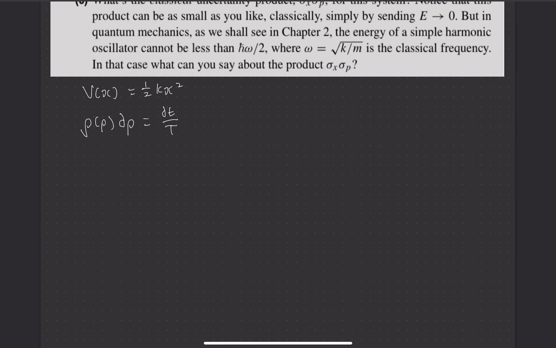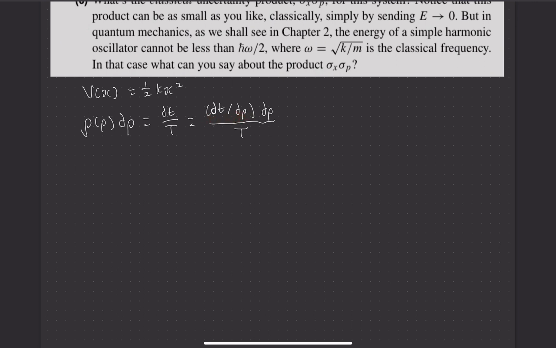Now we can rewrite this as dt over dp times dp over T. And now what this equation is saying is that for each dp, we have a certain amount of dt's per dp.